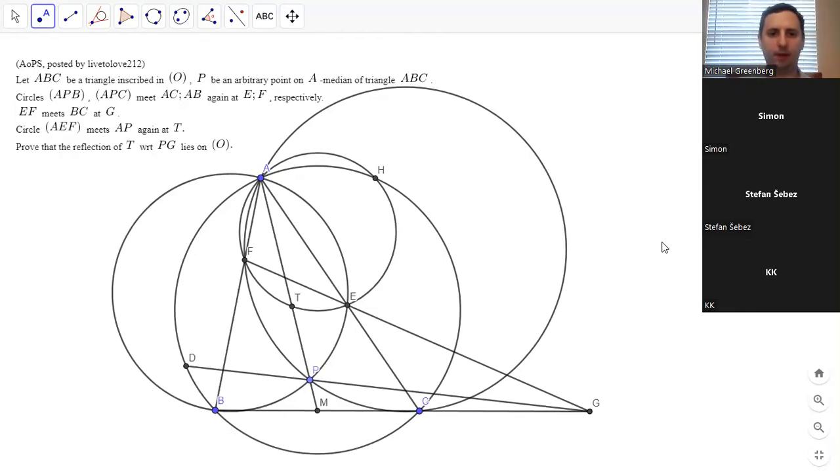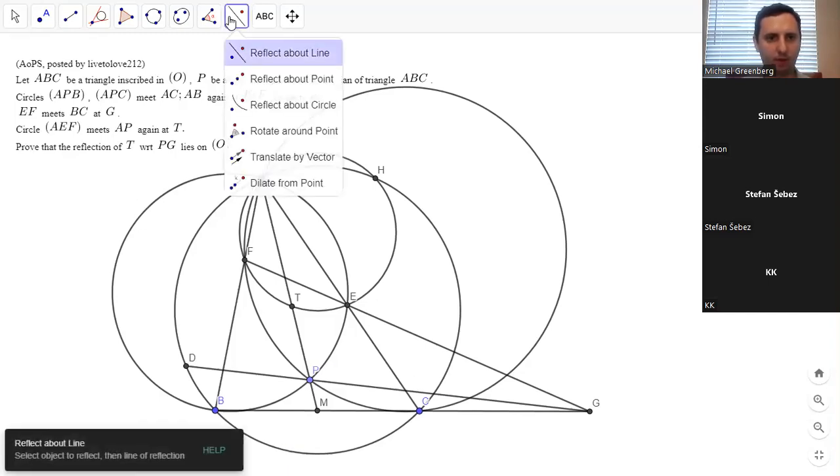And then maybe somehow by symmetry, if GH is tangent, yeah, let me try.